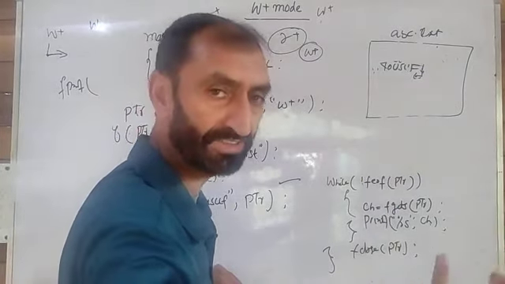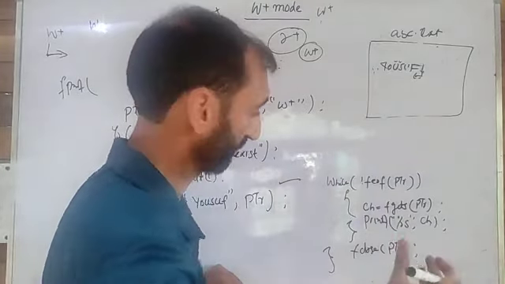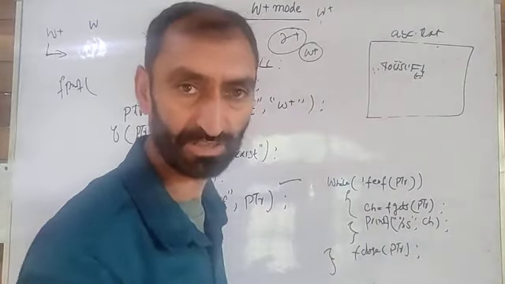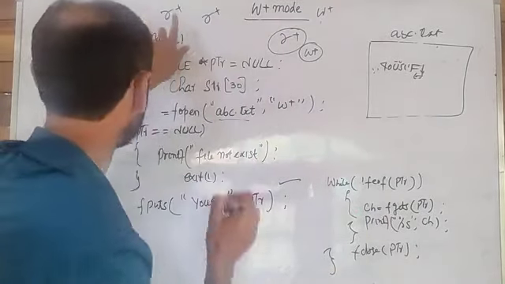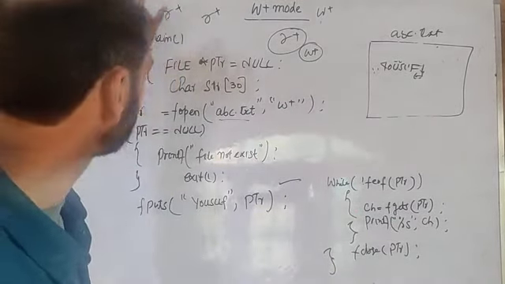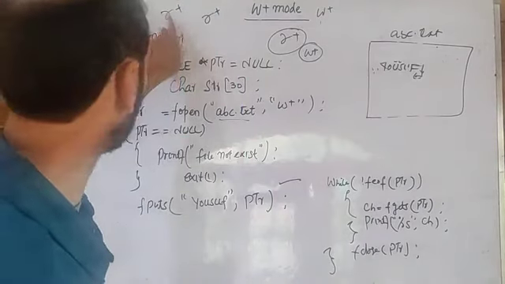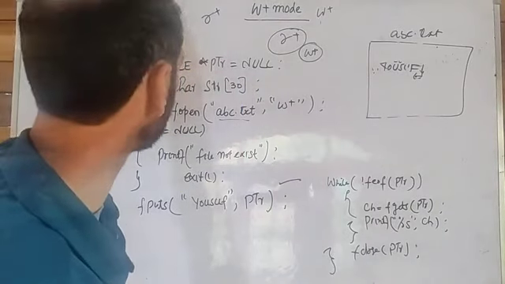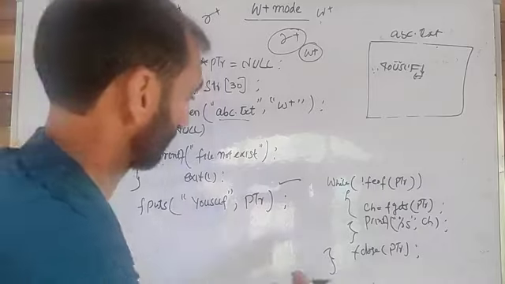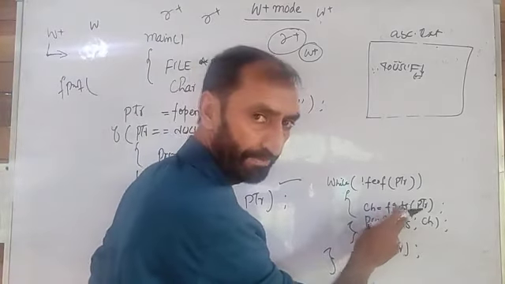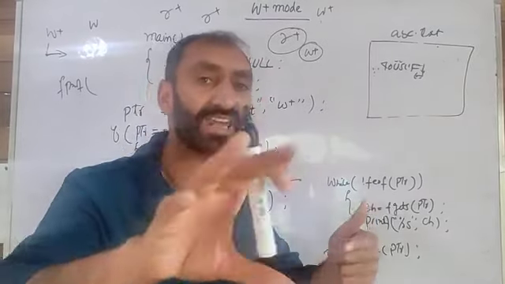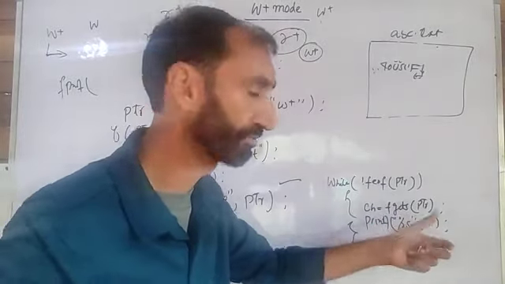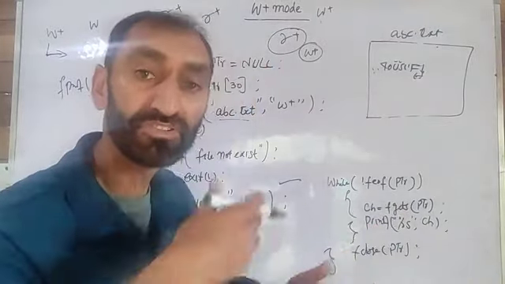We have already discussed fgetc and fgets in the previous videos of R mode and R plus mode, which have already been uploaded. I have told you that fgetc is used to read a single character at a time, and fgets is used to read a string at a time.